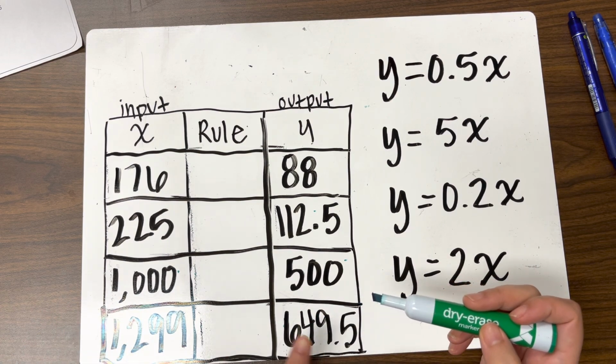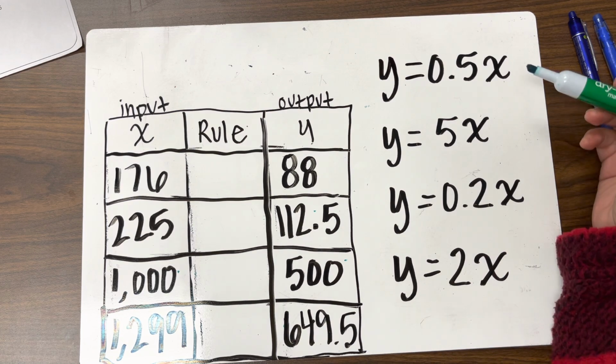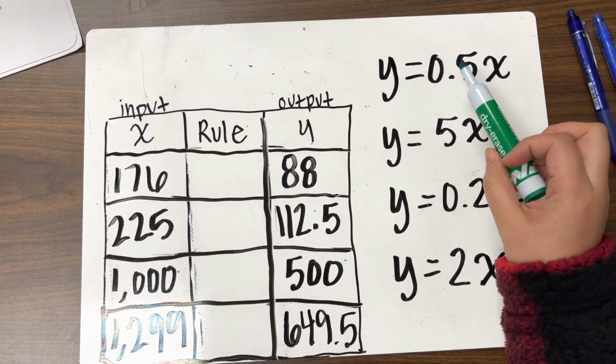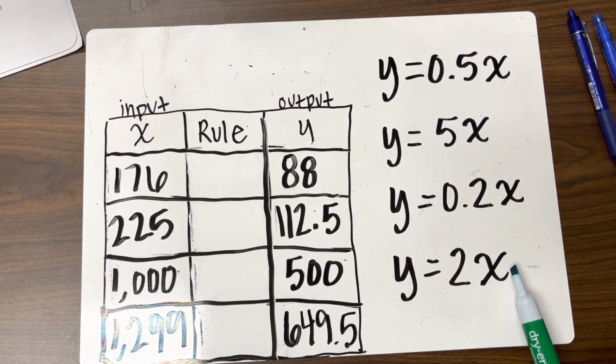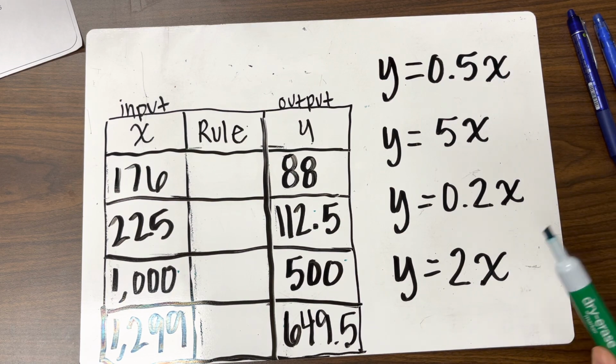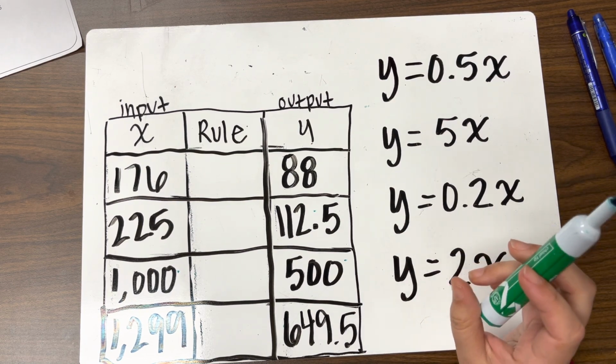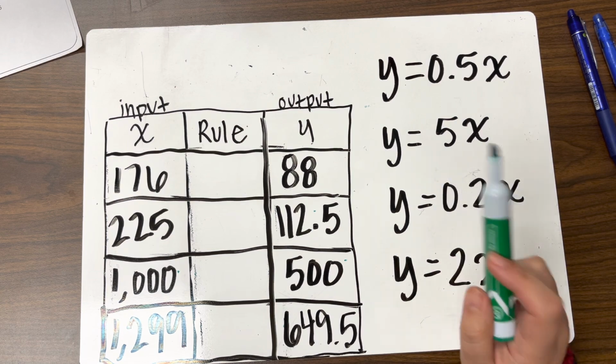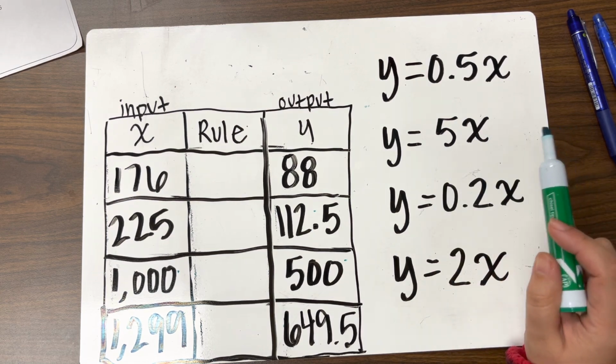So we know that these are greater, okay? So let's look at our equations here. All of them are being multiplied. They're all multiplication. Now we know that when we multiply, the number usually gets bigger, okay?